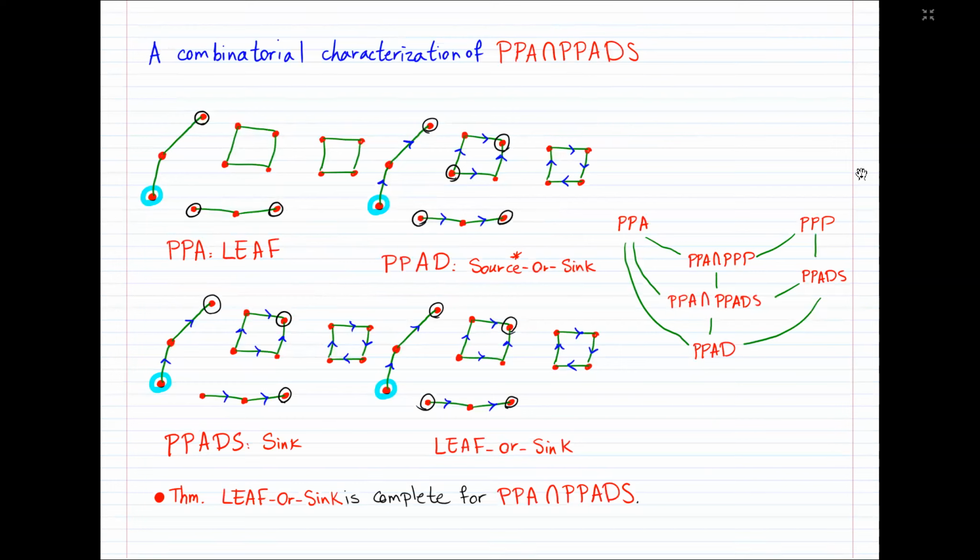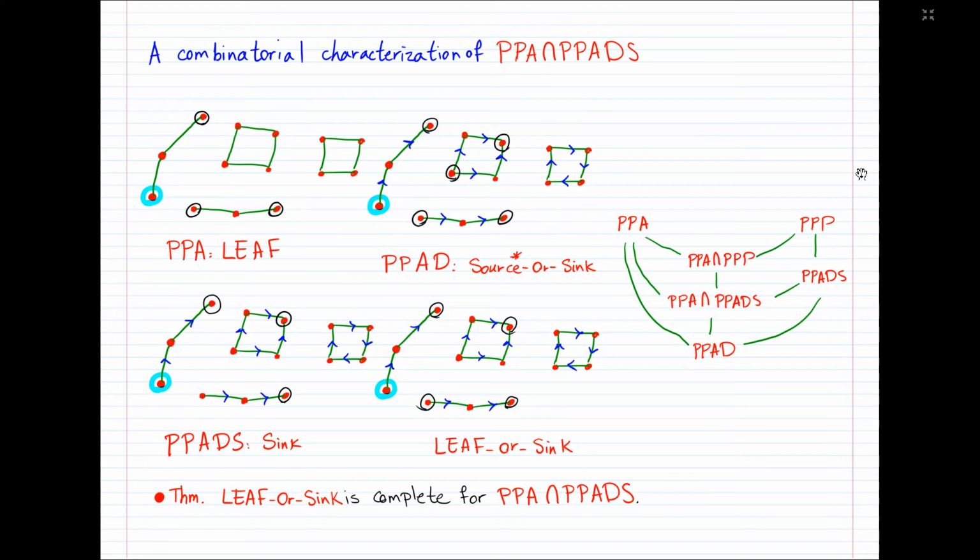In the last part of the paper, we gave a complete problem for PPA intersection PPADS. As I explained before, we separated all of the intersection classes of the classical TFNP classes, which means that classes such as PPA intersection PPP and PPA intersection PPADS are new entities.